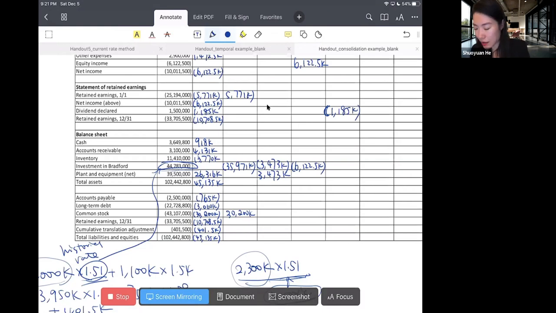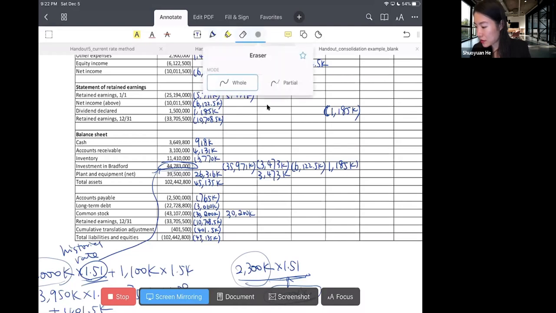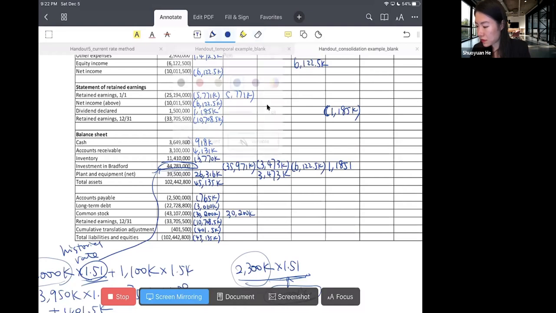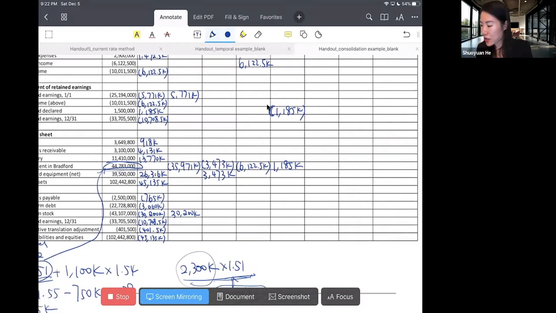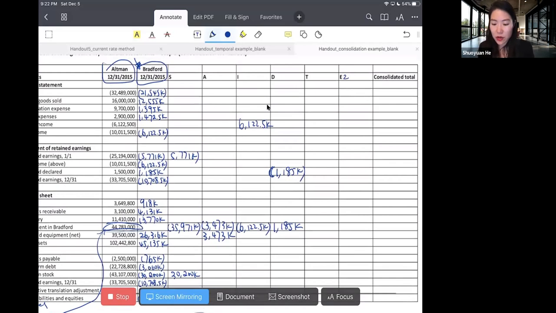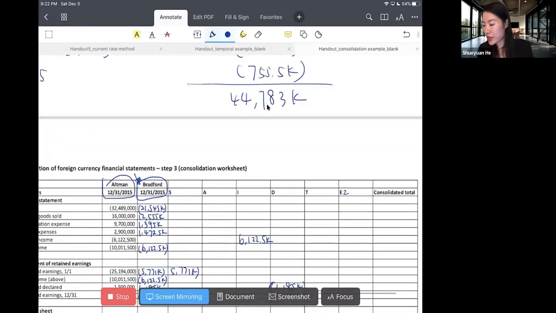And at the same time, the investment account goes up by the same amount. Consolidation entry T. The purpose is that T is a new account, just to eliminate, to reverse.